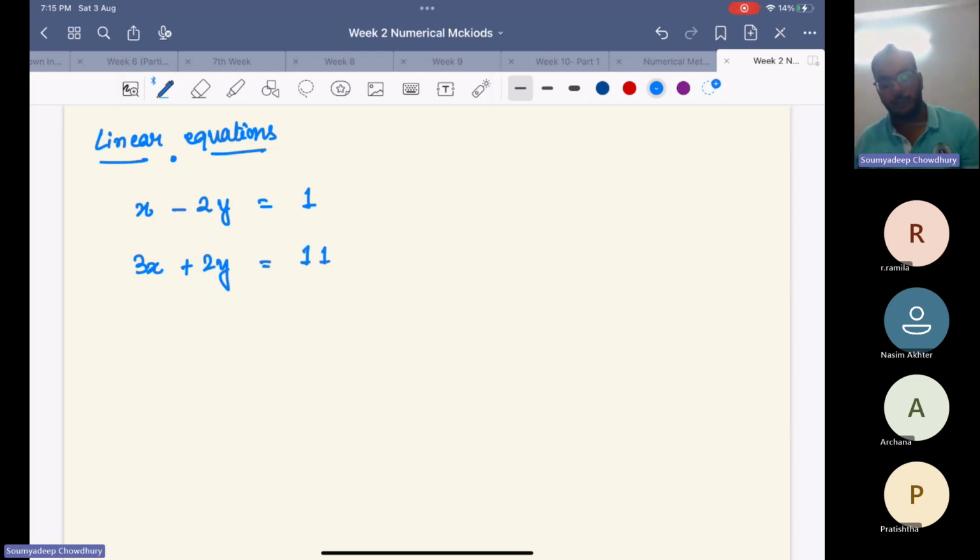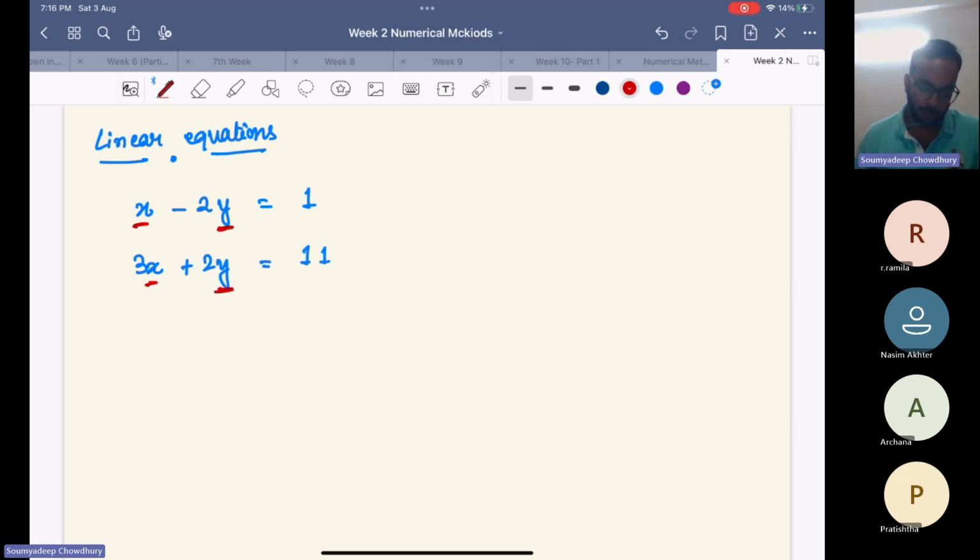If I want a graphical interpretation of these two lines, what will we see? We know an equation with two variables. Here we have two variables, x and y.